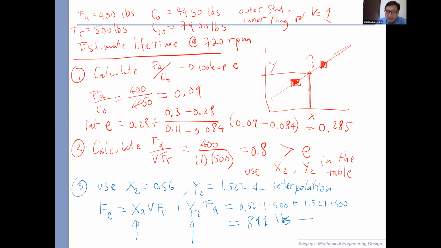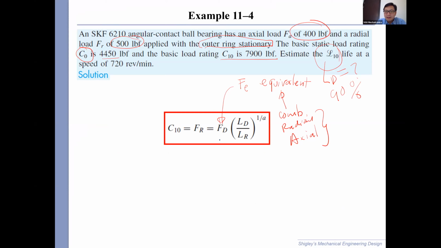Again, this is the equivalent load. So we can go back to this original equation, and instead of putting the radial load on the FD, we're gonna put the equivalent load that we calculate.